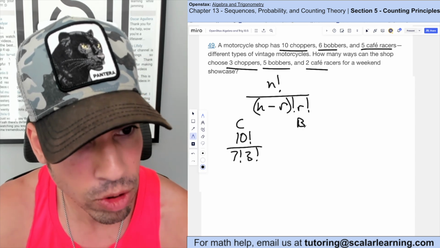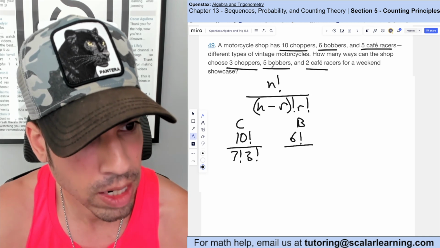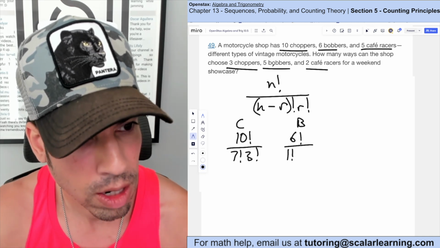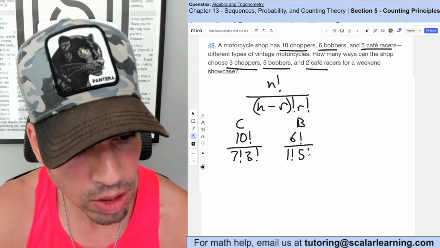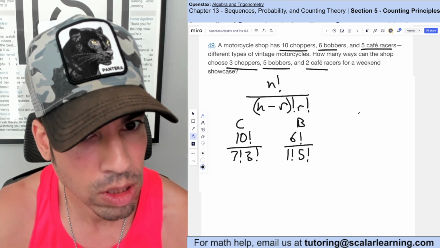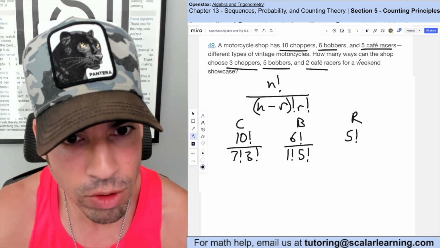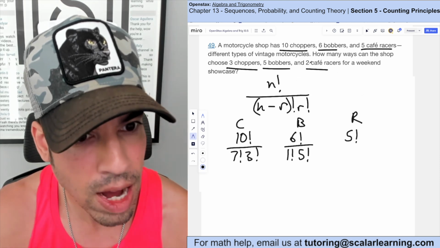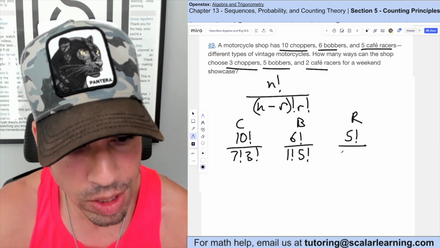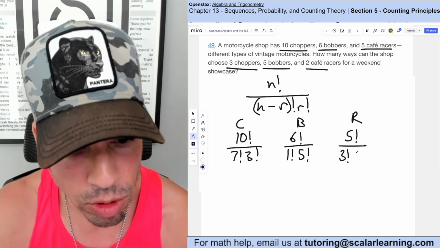Then for the bobbers, same formula, 6 factorial over 6 minus 5, right? That's the difference, which is 1 factorial. And then times r, which is 5 factorial, right? And then we've got the cafe racers. Let's do r for that. Here we have 5 for the n, because there's 5 total, 5 factorial over 5 minus 2 factorial. That's the r for cafe racers. So 5 minus 2 is 3 factorial times r factorial, which is 2 factorial.